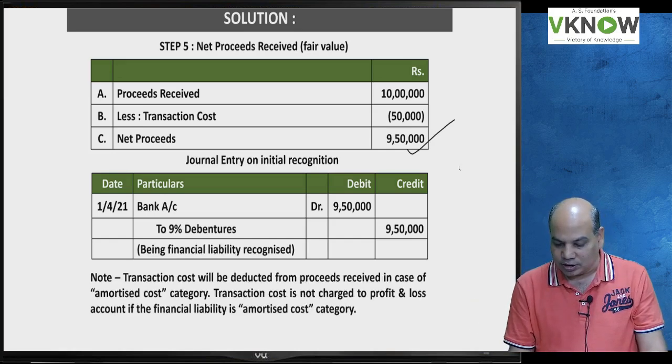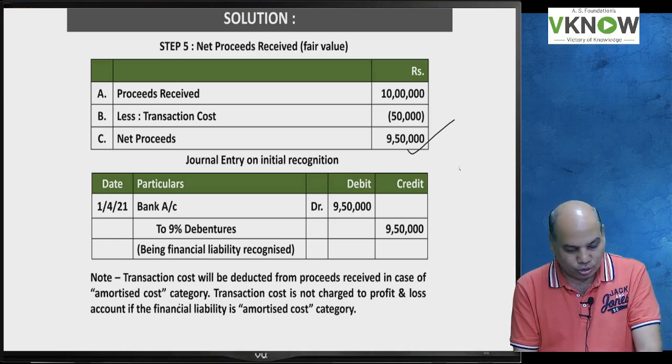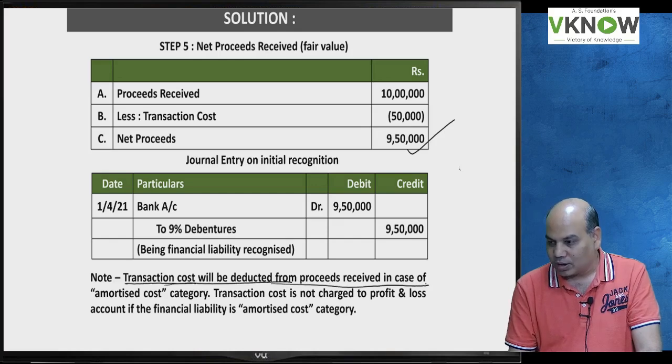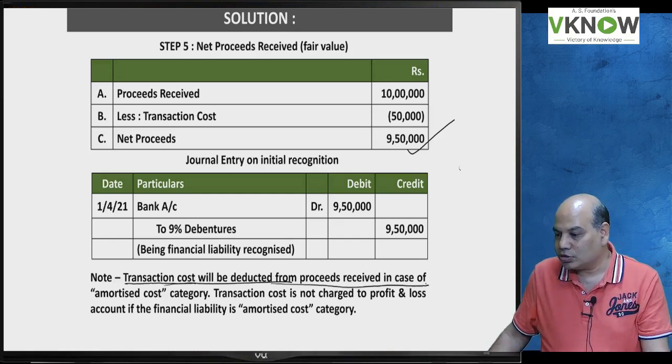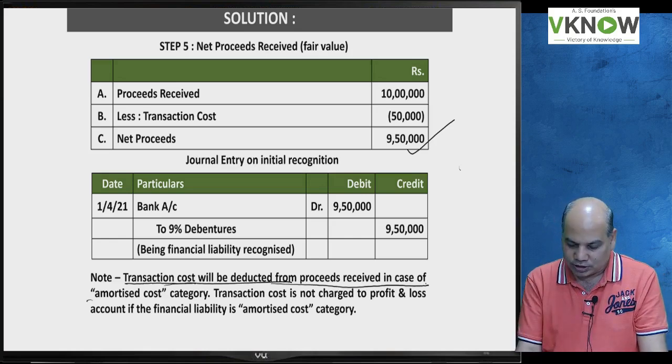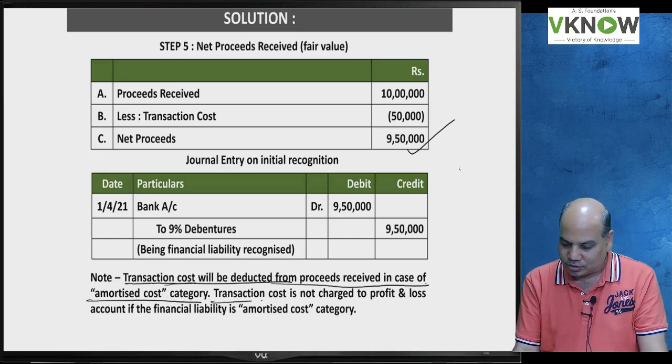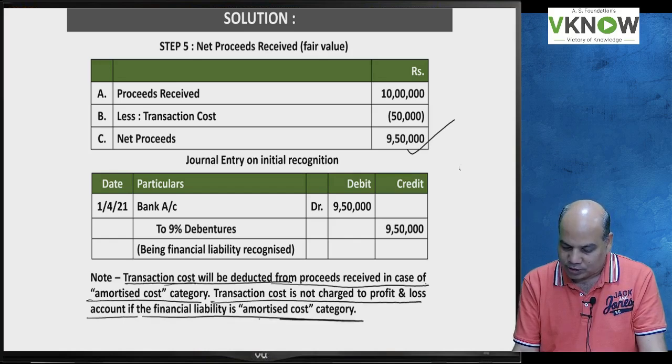Being liability recognized. Note, I have written notes in this chapter at several places. Even if you get bored, it's okay. Transaction cost will be deducted from proceed received in case of amortized cost category. Transaction cost is not charged to P&L account if the financial liability is amortized cost category.